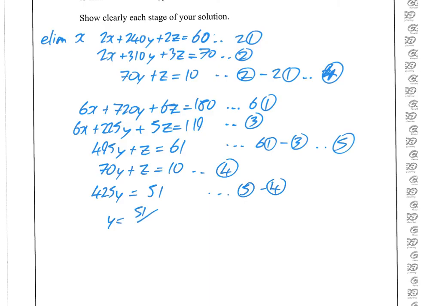Y then is equal to 51 divided by 425, which seems weird. It is 0.12. But if you think what that was, your cost in pounds per mile. So it costs you 12 pence per mile on fuel, which sounds sensible. Or it did a few months ago. And then we're going to sub that into equation 4.